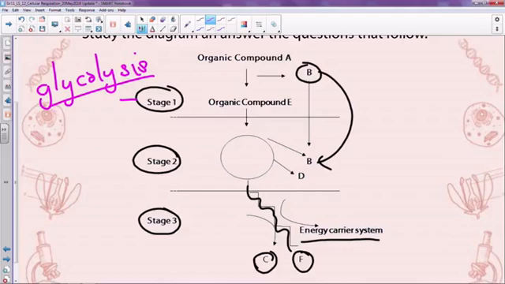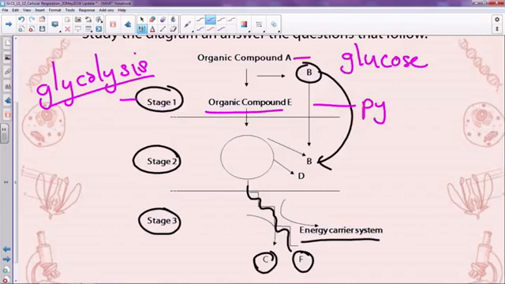So this organic compound A is definitely going to be glucose, and that glucose molecule is going to be split up into an organic molecule E, which we know as the pyruvic acid. And that further undergoes the next stage, which is stage 2, which we called the Krebs cycle.